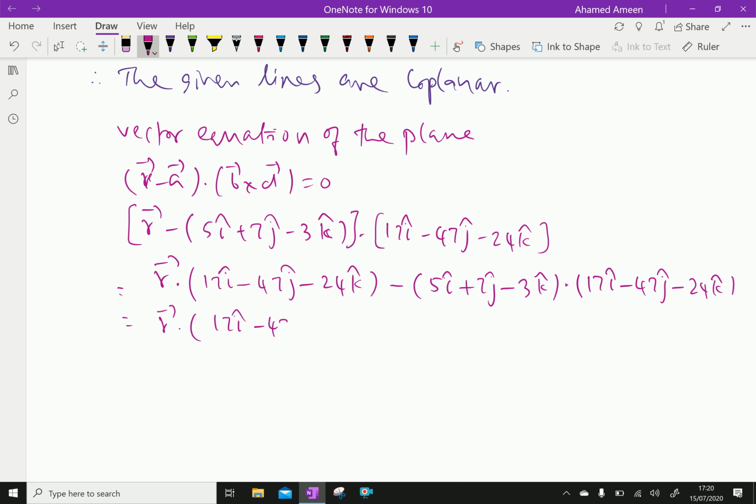Which is r vector dot 17i minus 47j minus 24k, minus the dot product of this: 5 into 17 is 85, and 7 into 47 is minus 329, and minus 3 into minus 24 is plus 72.